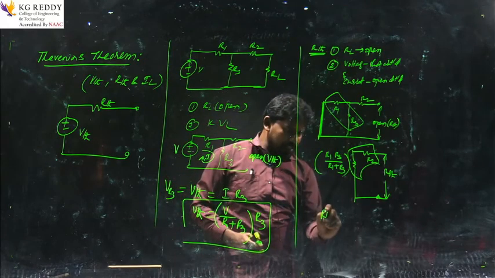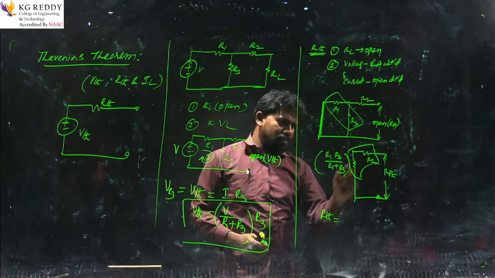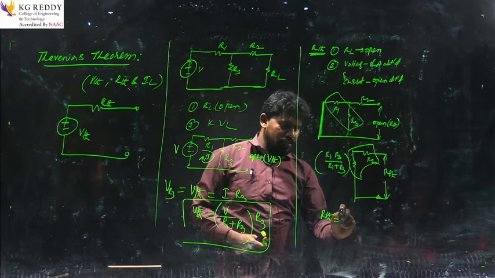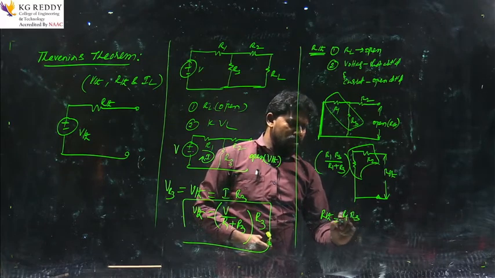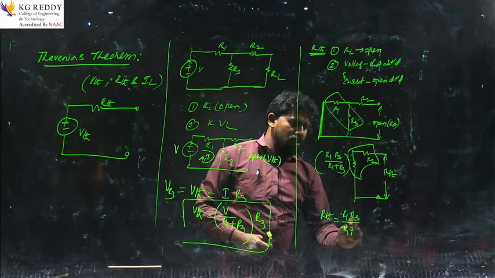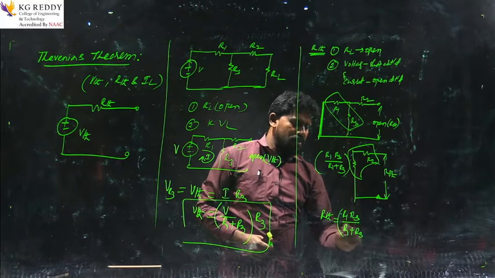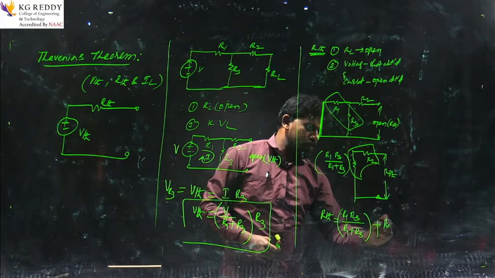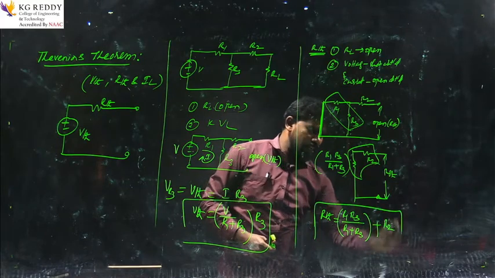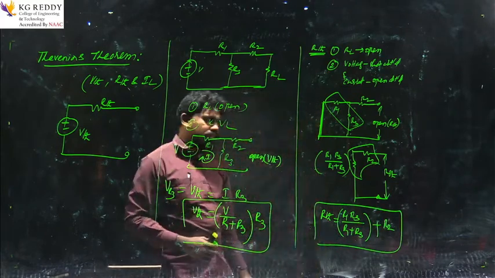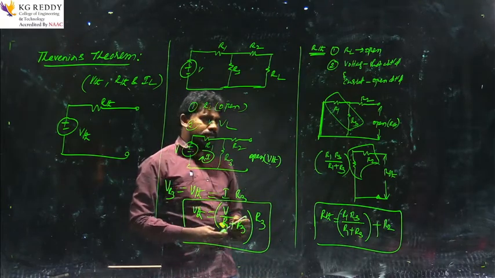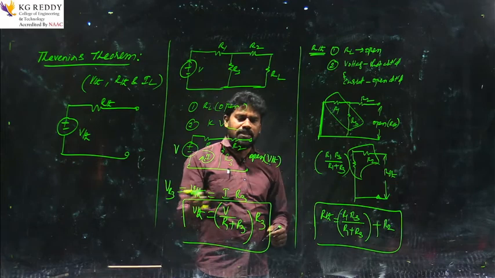So, what equation do you get by observing this network? Yes, R1 into R3 by R1 plus R3, plus R2. So, this is the Thevenin's resistance of the given network. Is it clear up to VTH and RTH?